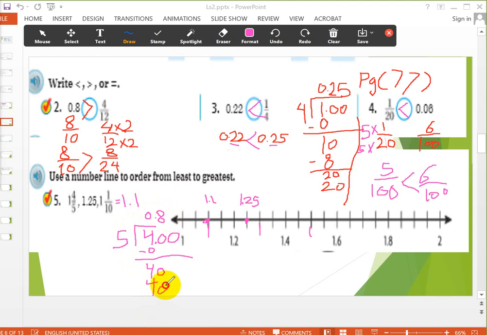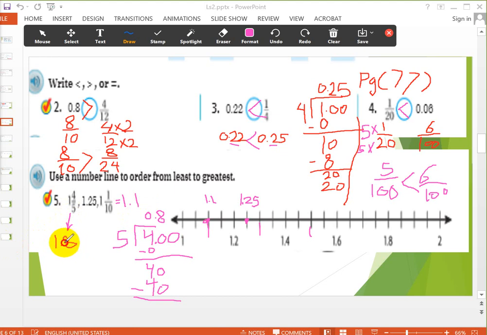So if you divide 4 by 5, it will be 0.8, 8 tenths. That means this number, if I want to write it as a decimal number, will be 1.8.